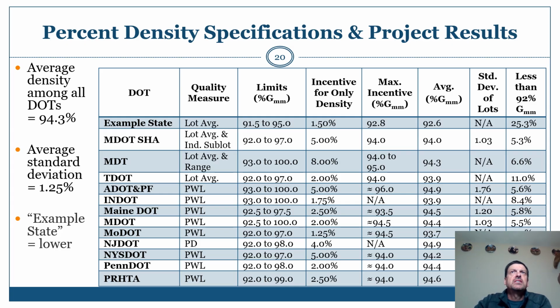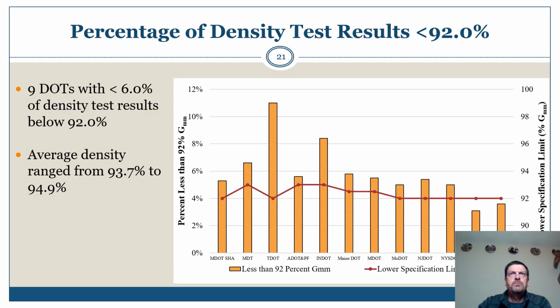At any rate, this slide shows the first 12 test sections or demonstration projects, and the average density that was obtained was 94.3%. The average standard deviation was 1.25%. And there's an example state added to this table when you go look at it in the tech brief. The unique thing about this state is their lower specification limit was 91.5.